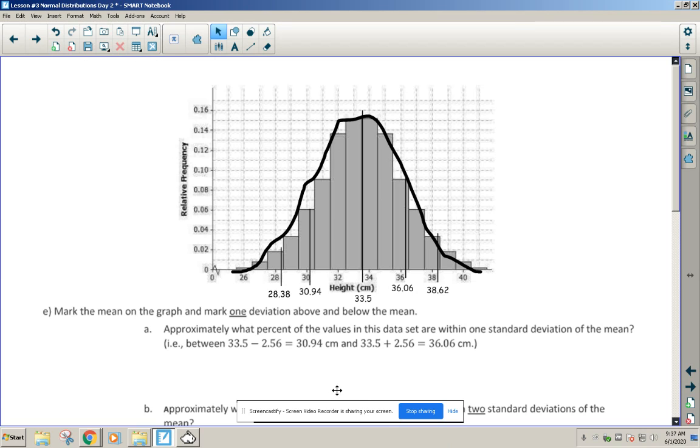So here they're saying mark the diagram, which we already did, but it's saying approximately what percent of the values in this data are within one standard deviation of the mean? So if we actually were on the normal curve, so if you could pull out your normal curve from Friday, and we look at the percents that are one standard deviation from the mean, those percents come out to exactly 68.2%.